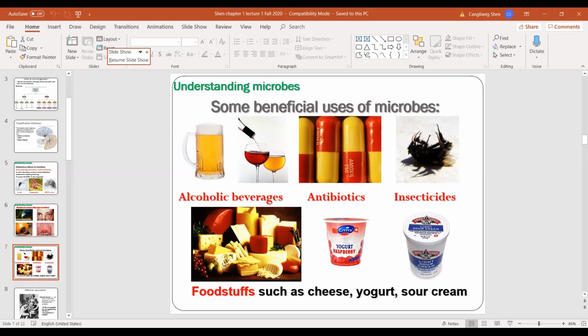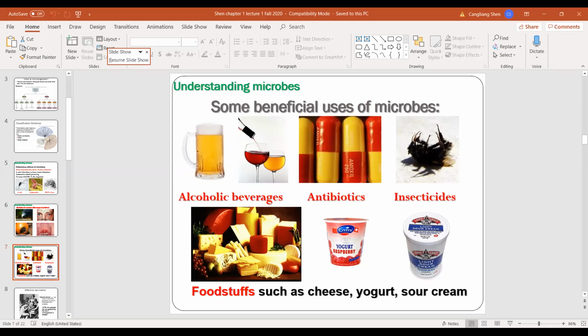And you like wine? When you go to a bar, you have a cup of wine. That is from Saccharomyces through fermentation. And antibiotics, when we have strep throat, you see the doctors, they will give you antibiotics. That is coming from the metabolic products of microorganisms, killing another microorganism.